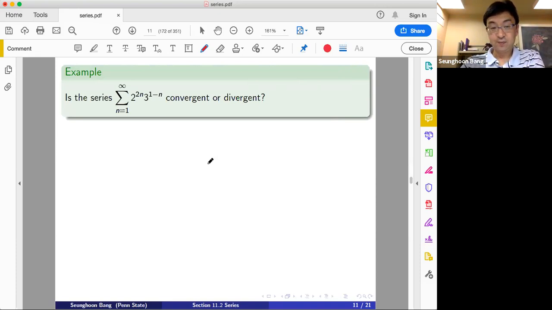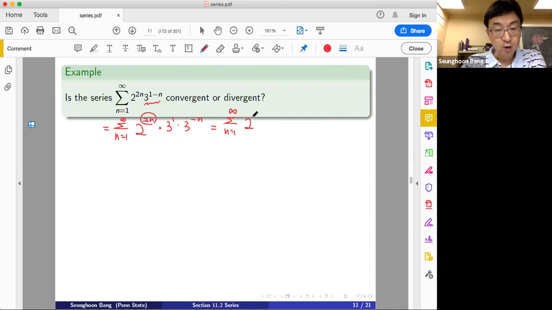This is the idea. You can change this one to this form. Summation n equal to 1 to infinity. First, this is not good, so I'm going to split it: 2 to the 2n times 3 to the 1 times 3 to the minus n. Like this. One more, summation n equal to 1 to infinity. The power 2n is not good, so change it to only n.